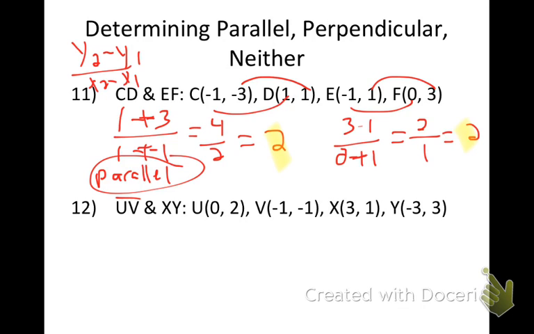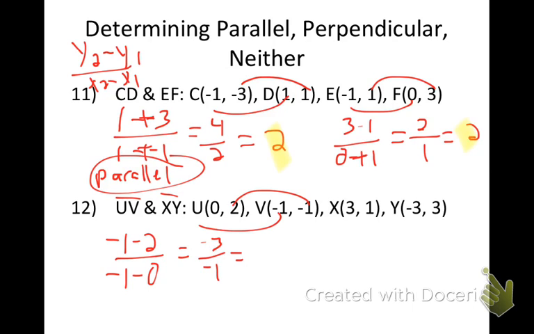12. I need to find UV and XY. What's the slope of UV going to be? Colton, what's the slope of UV? UV has a slope of what? 3. Sorry, I didn't hear you say that.